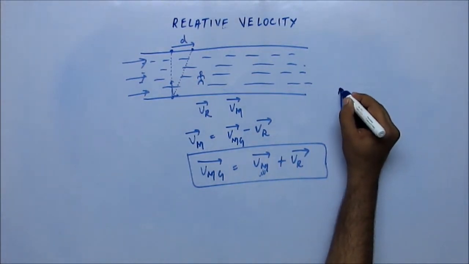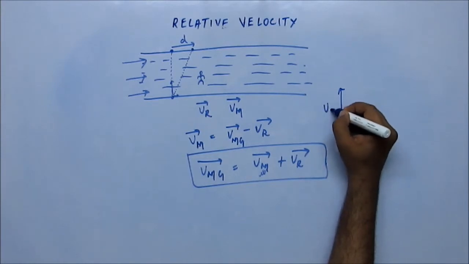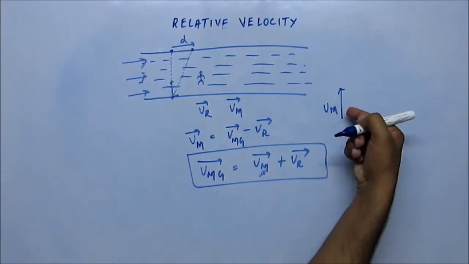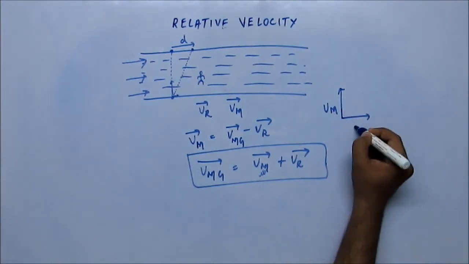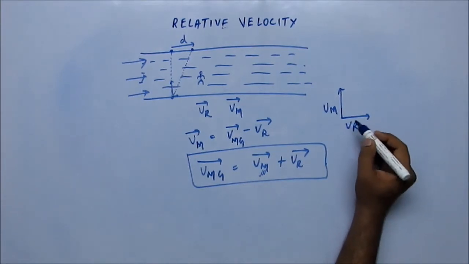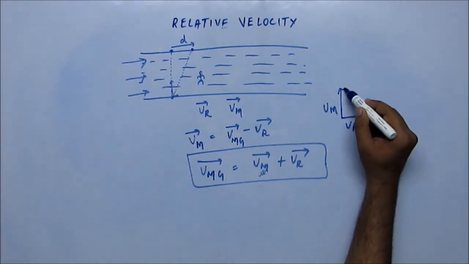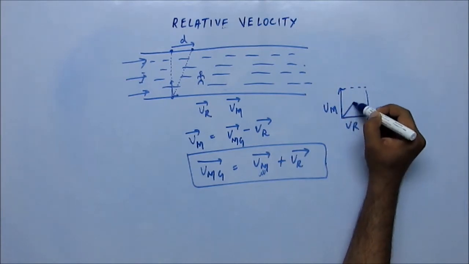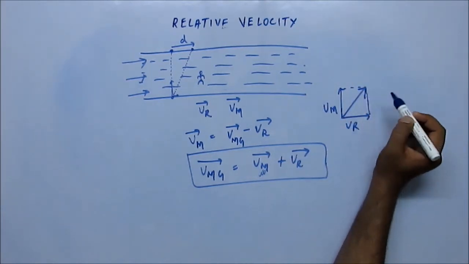And this is the velocity of man with respect to river plus velocity of river. The summation of these two would be something like this.